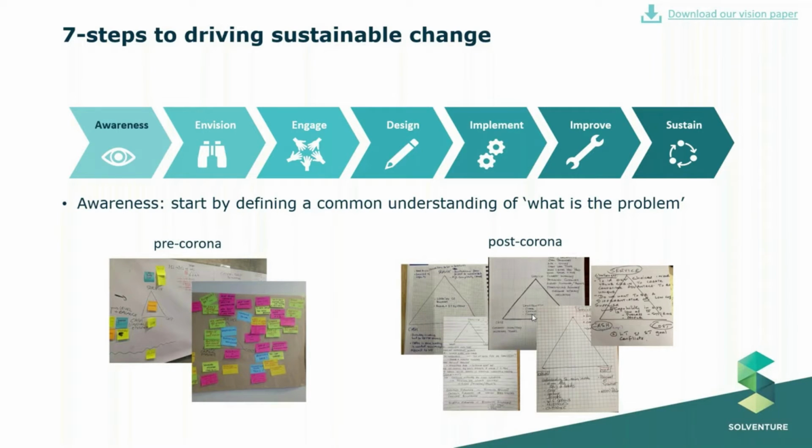So everybody has some interest in the triangle, and it's like automatically you do get a cross-functional understanding of what are the key challenges, and that's what you need before you can start driving improvements. So that's one of the ways how we use it, and Katrijn will give you that broader picture of our 7-step approach.